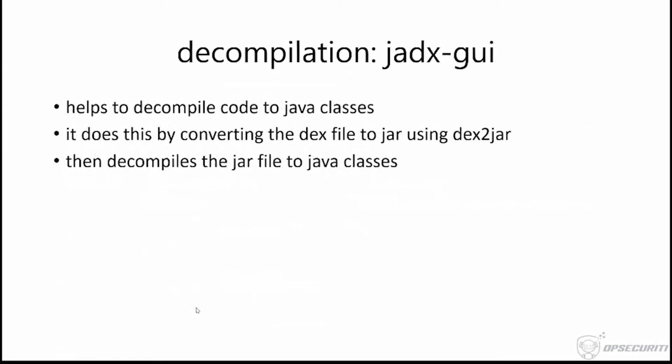And the other one is jadx-gui. So jadx-gui, if you look that up, you can decompile the APK into Java classes. So this is more readable. This is more like what you see in Android Studio or whatever your preferred IDE is.